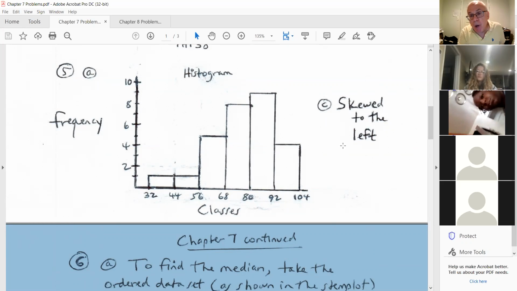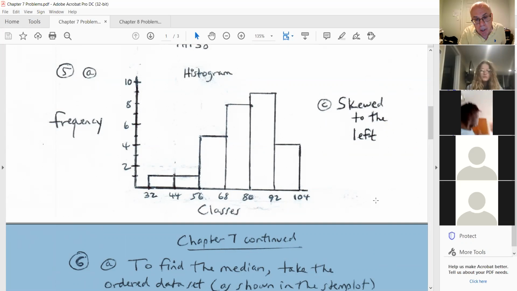Now, if you had the opposite situation, where the histogram had most of the numbers to the left and it tailed off to the right, that would be called skew to the right. And then in that case, you would have unusually large numbers that would be making the mean bigger than the median. Again, these unusually small or large numbers do not affect the median, but do affect the mean.